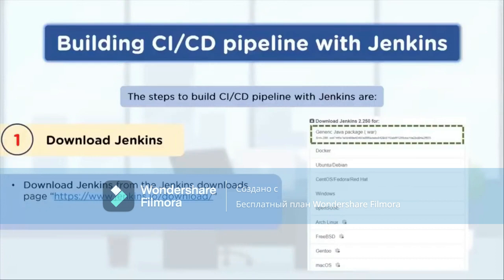The best part is that there you have support for different operating systems and platforms, say Docker, Ubuntu, Fedora, Red Hat, Mac, whatever different platform you want. That's the very first Java file. Download that into a folder.